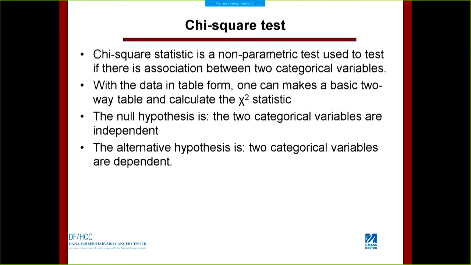For the previous statistical procedures like the t-test and one-way ANOVA, usually we say the average values are equal, or the estimated coefficient is equal to 0. But for the chi-square test, the null hypothesis is that there is no association between the two variables, which means the column variable and the row variable are independent.